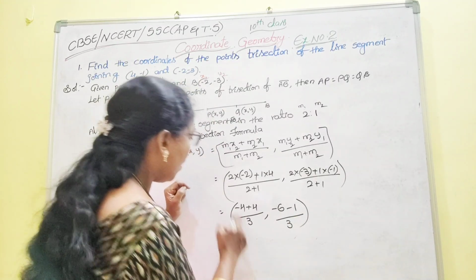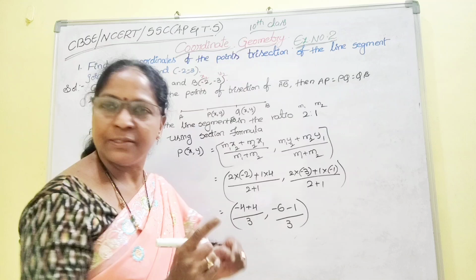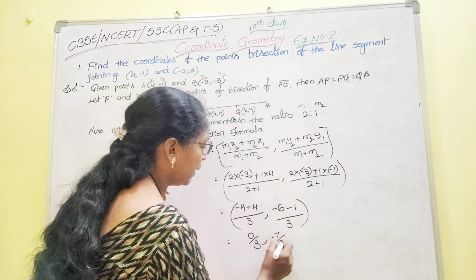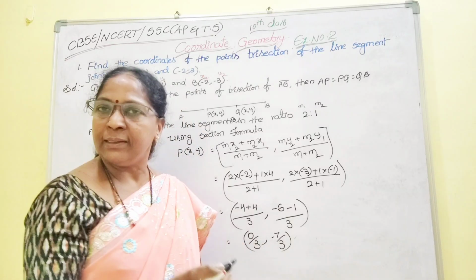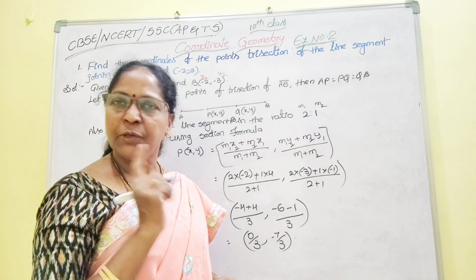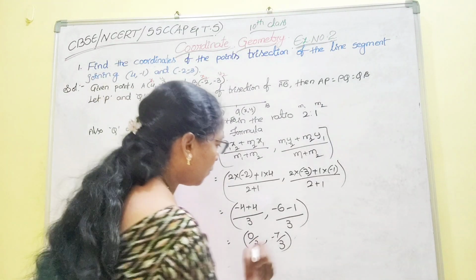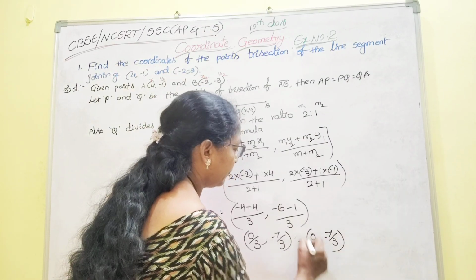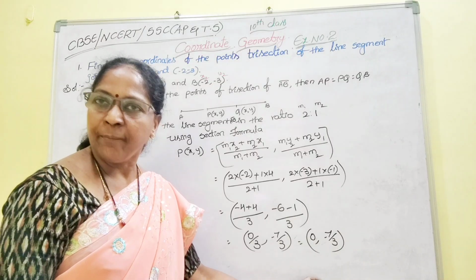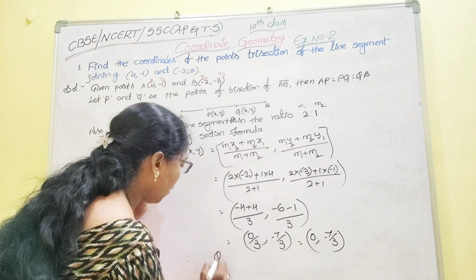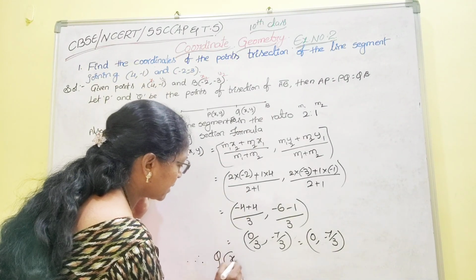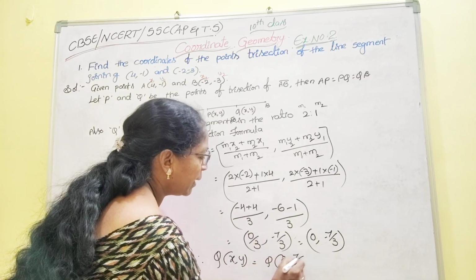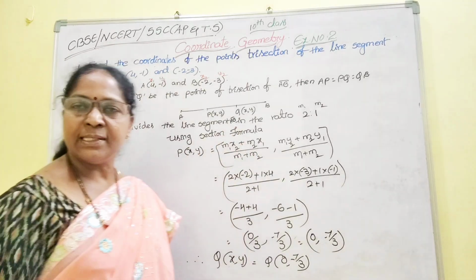That equals (-4 plus 4), which is 0, so 0 by 3, comma, -7 by 3. 0 by 3 equals 0, since 0 divided by anything equals 0. So this point equals (0, -7/3). These are the Q coordinates. Therefore Q of (x, y) equals Q of (0, -7/3). This is the answer.